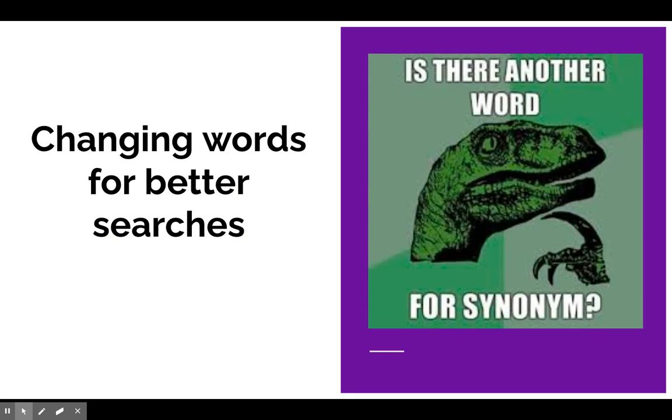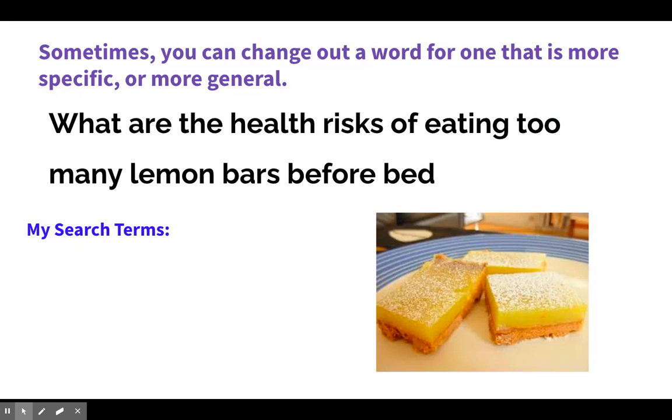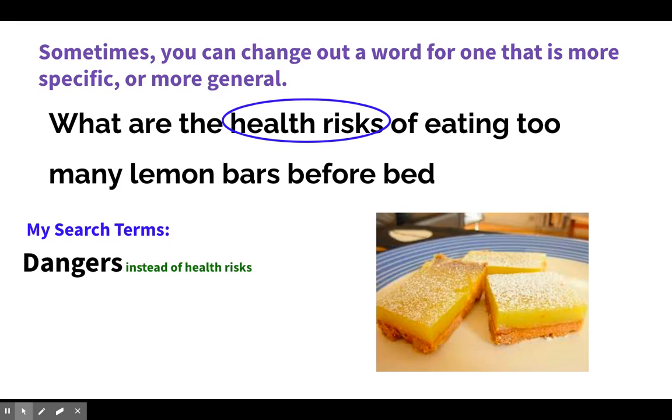Now, sometimes it's easier to change a word or a group of words to find a better answer. For instance, again, this one's right off of that sheet. What are the health risks of eating too many lemon bars before bed? I had health risks. I could type those in, but I could make it shorter by just saying the dangers.